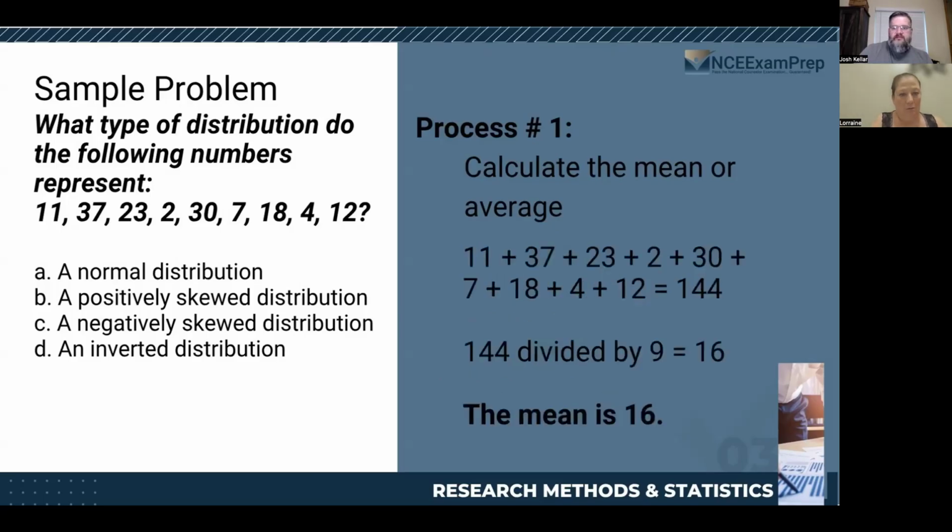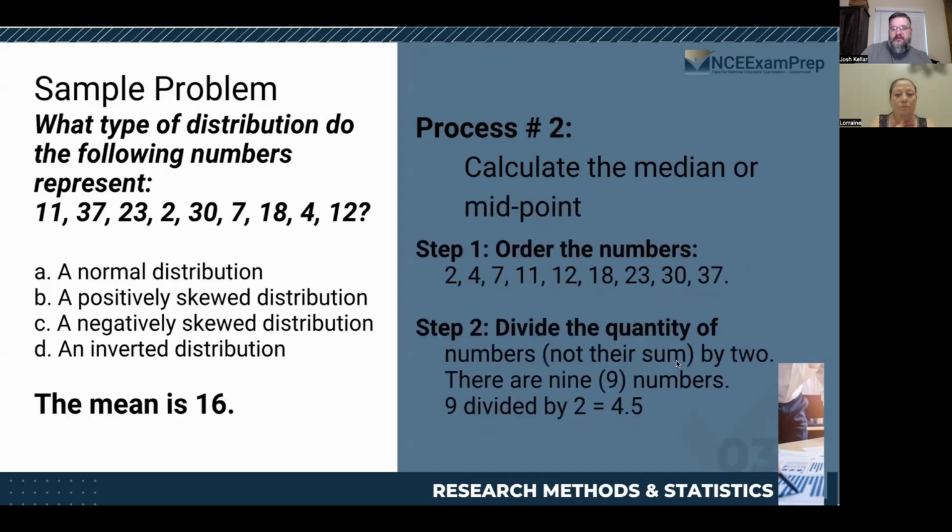So if we're calculating the mean or the average, we'd add up all of these numbers, and that gives us 144. And then we divide by the number of numbers, which is 9, right? There's 9 numbers, 1, 2, 3, 4, 5, 6, 7, 8, 9. And once we've done that, we get 16 as the mean.